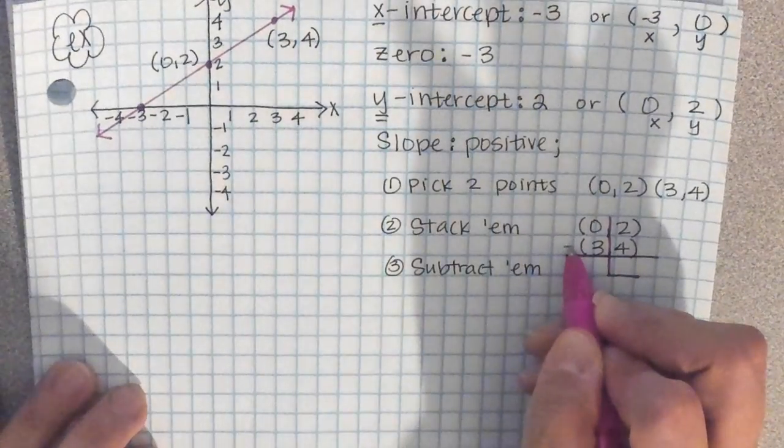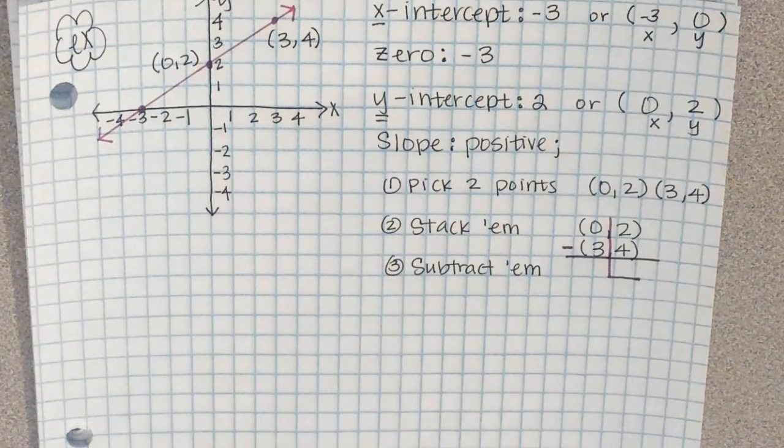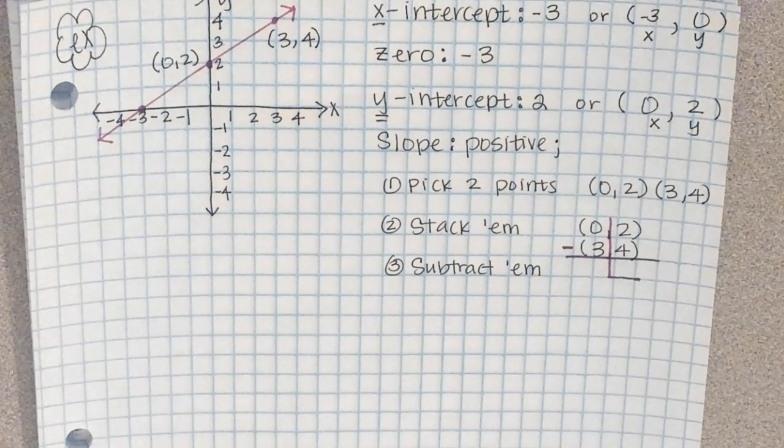And then making sure to put my subtraction sign. Do not forget that subtraction sign because then you'll forget to subtract. It happens. Put that subtraction sign. And now we're going to work it out like an elementary school problem, top minus bottom. Top minus bottom. Okay? Only difference is we have negatives involved.